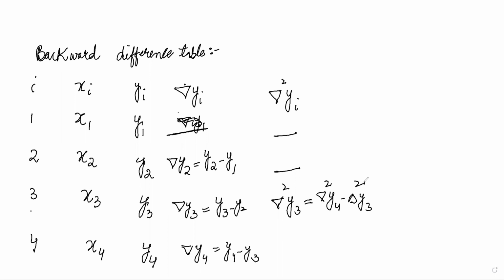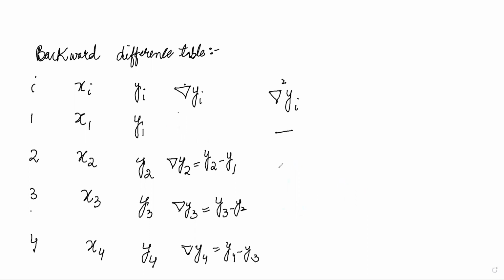I have to make a little correction here. This is a bit wrong, this should not have been there. I don't have to write anything in the second row, I have to leave this. So I go directly to delta 2 y3, because this is the third, 1, 2, and 3.